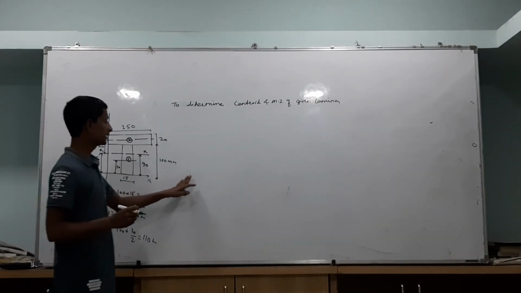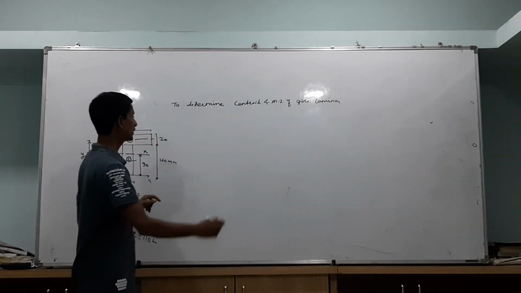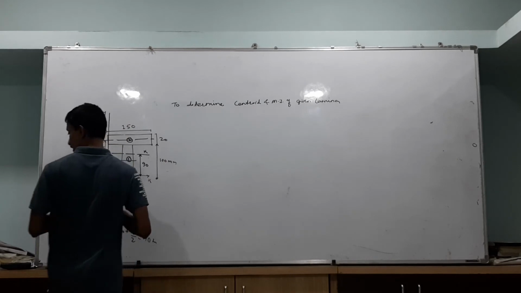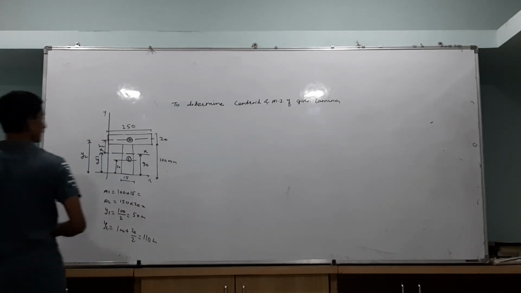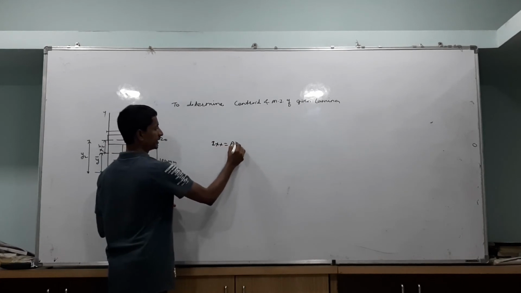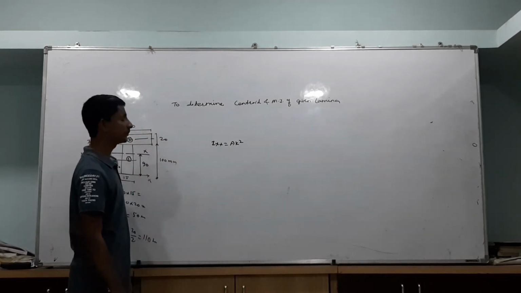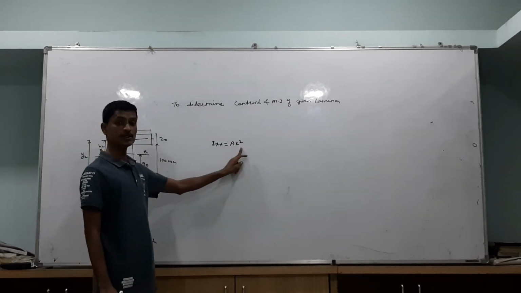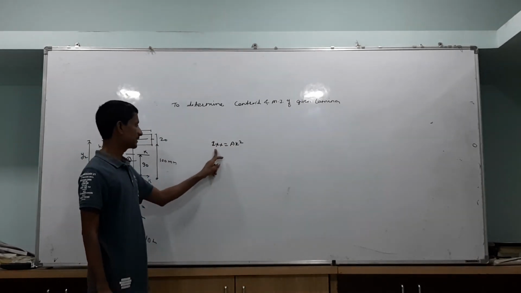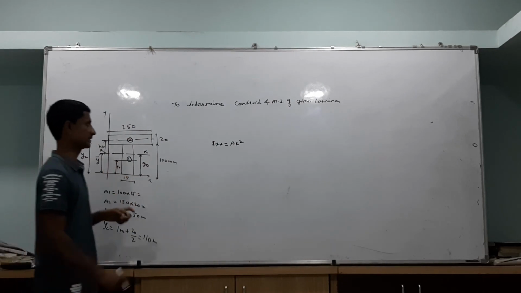After determining the MI, we are going to find out the radius of gyration. According to the definition of radius of gyration, Ixx is equal to A k square, where A is the total area of the plane lamina, k is the radius of gyration, and Ixx indicates the MI about the central xx axis.